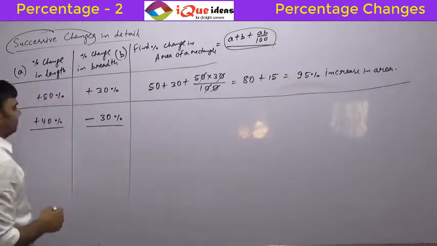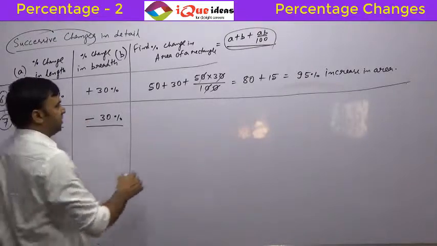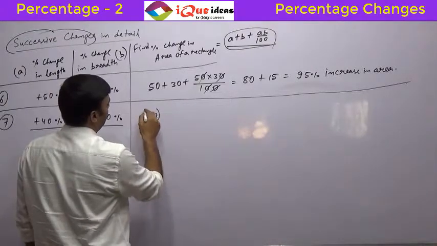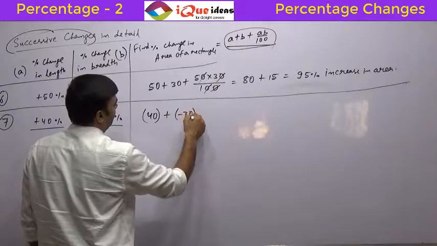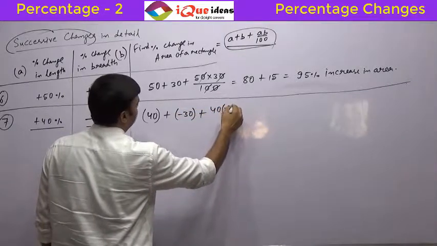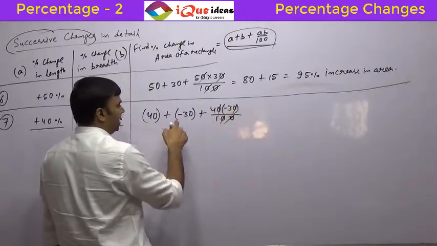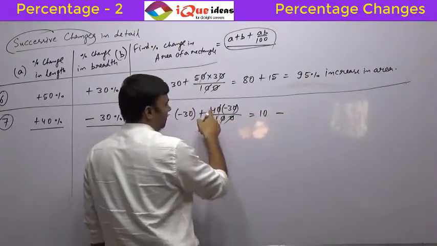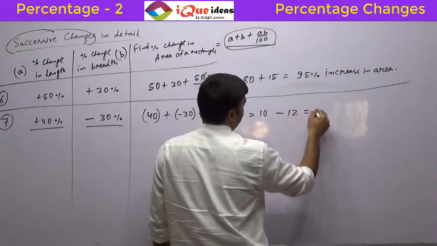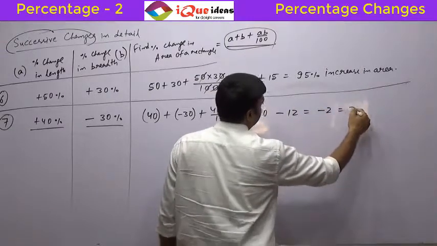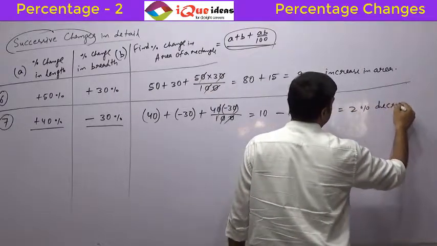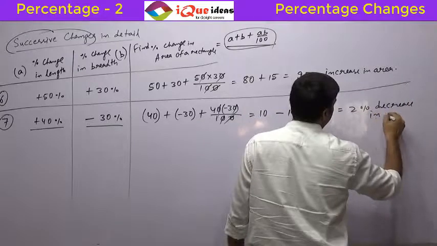Minus sign is decrease. So it is 40 plus minus 30 plus 40 into minus 30 divided by 100. 0 and 0 are cancelled. 40 minus 30 is 10. 4 into 3 is 12 and minus sign. So 10 minus 12, that is minus 2. This means 2% decrease in area.